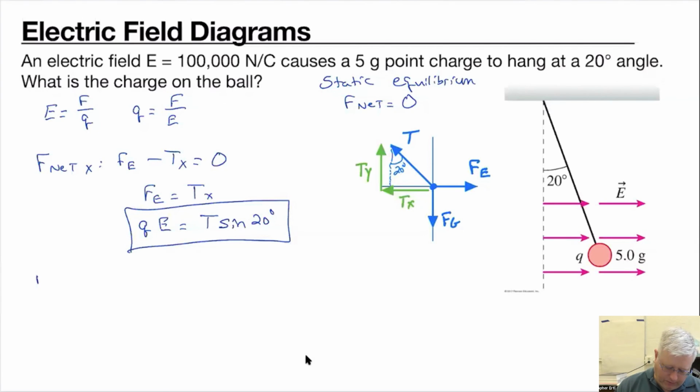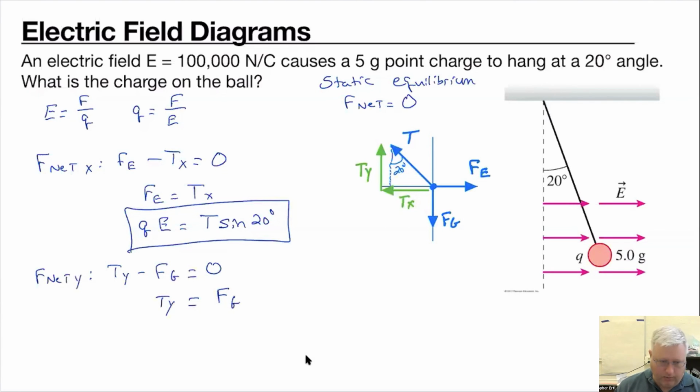So the net force vertically then is Ty minus force of gravity, equilibrium, so it has to sum up to 0. So the y component of the tension has to equal gravity.